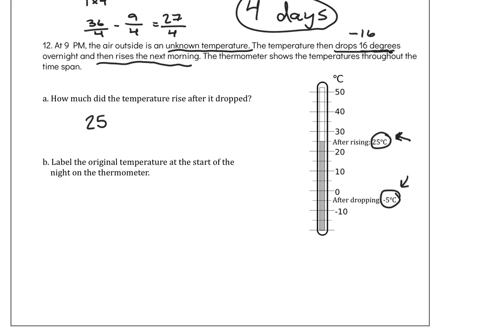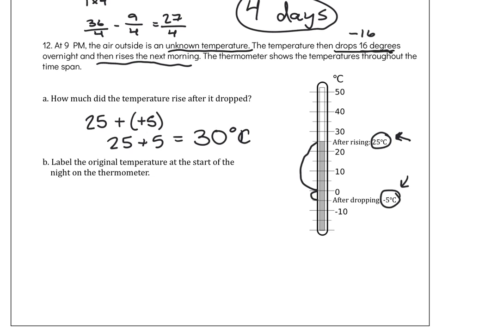We're going to put our bigger number first, 25 degrees, and take away where we were after it dropped, which is -5. This results in a chop-chop situation. 25 plus 5 means we rose a total of 30 degrees Celsius, which makes sense, right? I needed to go 5 to go from -5 to 0, and then afterwards, we raised it another 25 to get to 25 degrees Celsius.